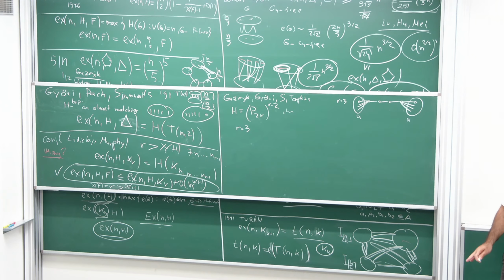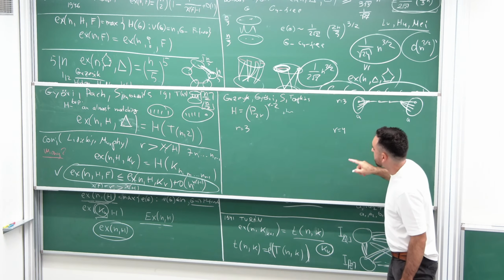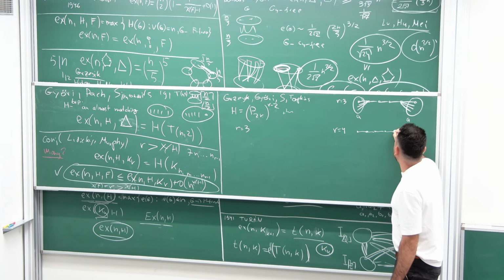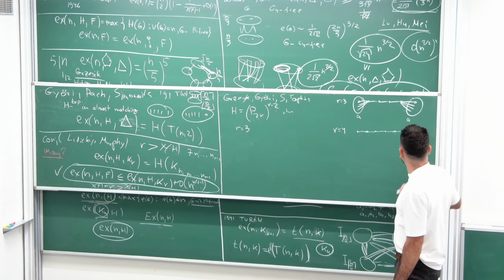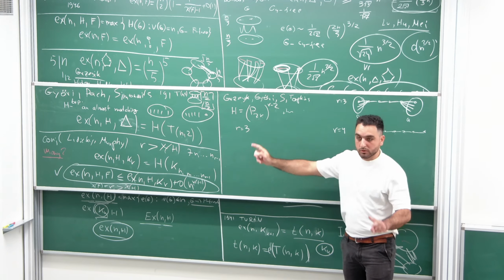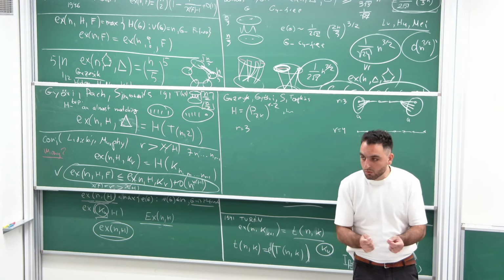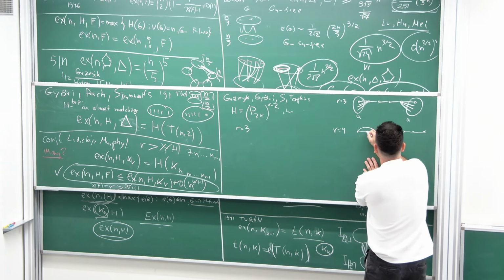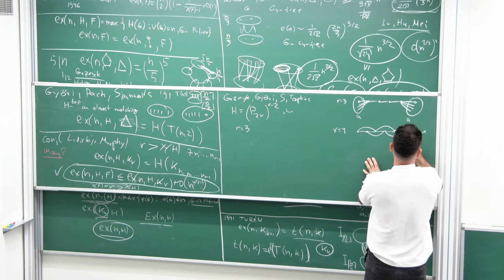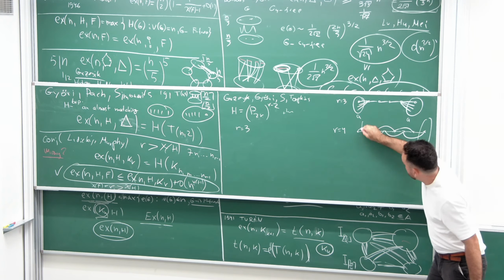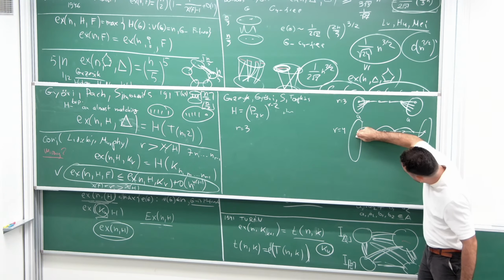So for R equals 4, we take P8: 1, 2, 3, 4, 5, 6, 7, 8. And then what do we do? R minus 2 is 2, so we need to connect every two vertices if they are at distance 1 or 2. So we do this. And instead of the terminal vertices, we take many copies of them.